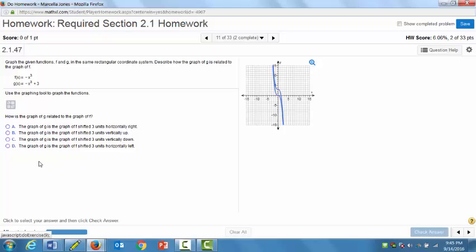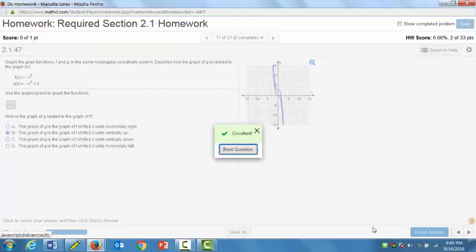And G is the graph of f shifted 3 units vertically up. Okay, so that is how I use the MyMathLab tool to graph the cubic function.